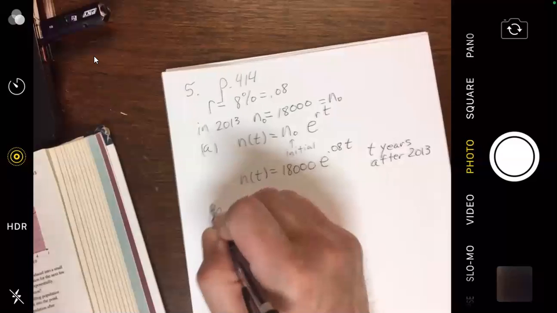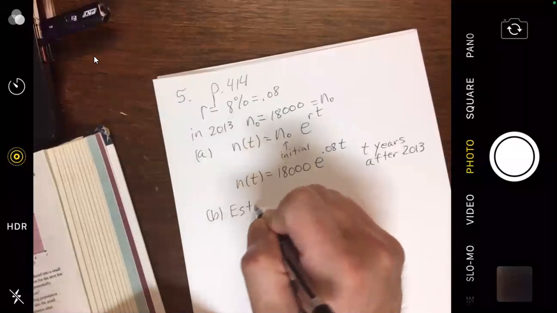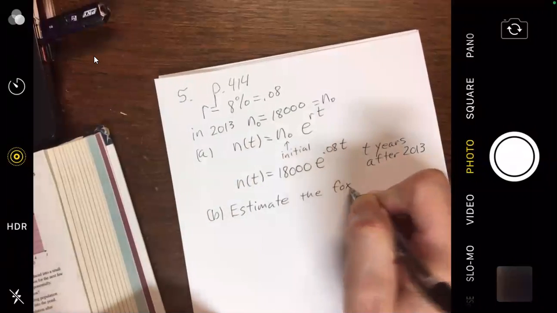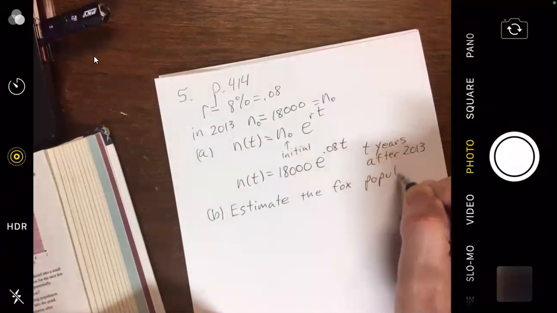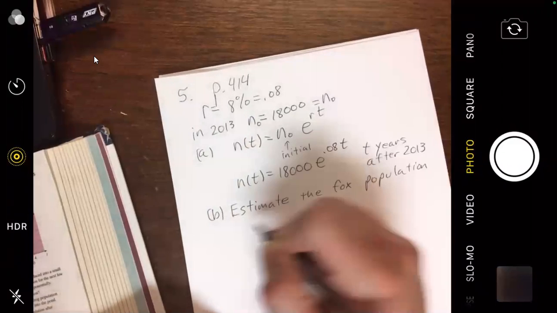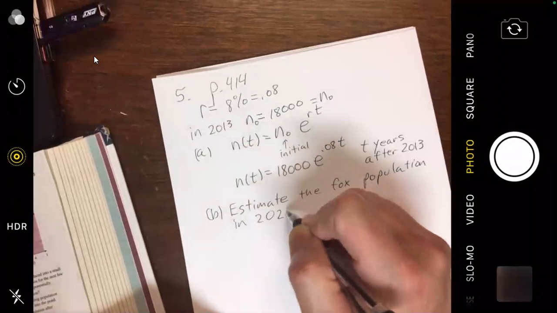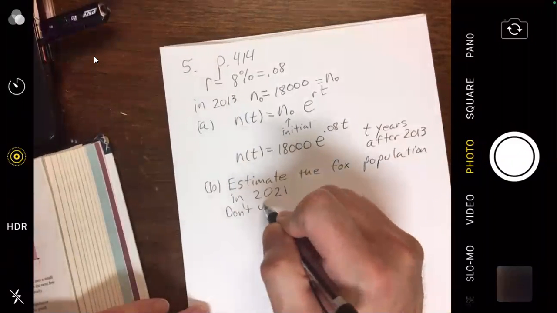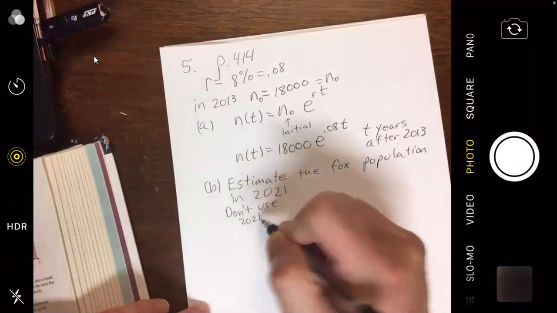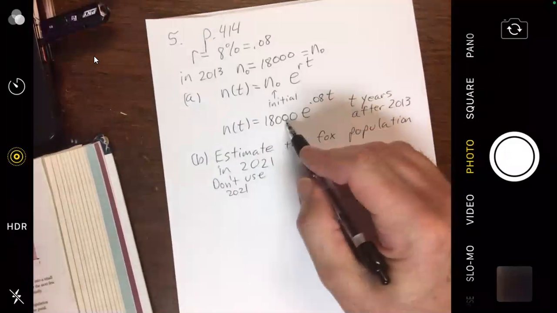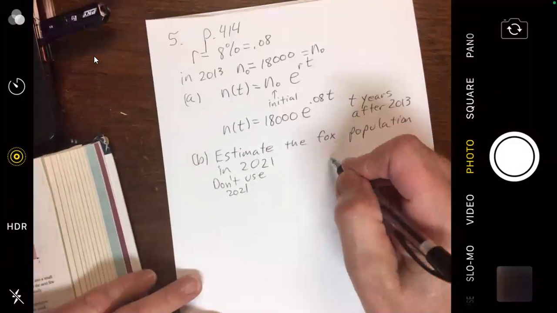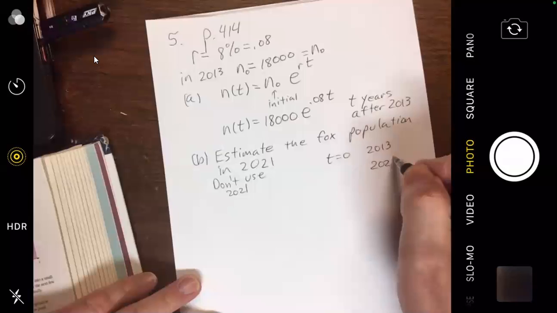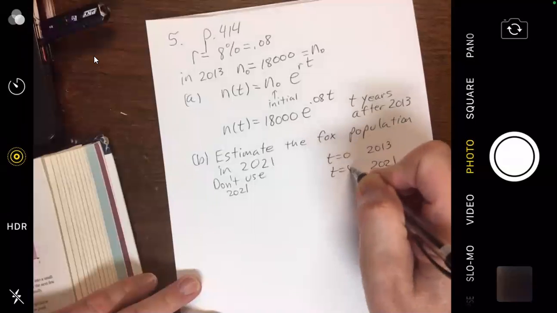Estimate the fox population in 2021. You don't use 2021 directly; this is sort of set up. If t is 0, you end up with 18,000, so t equals 0 is 2013. So at 2021, you'd be at 8 years.